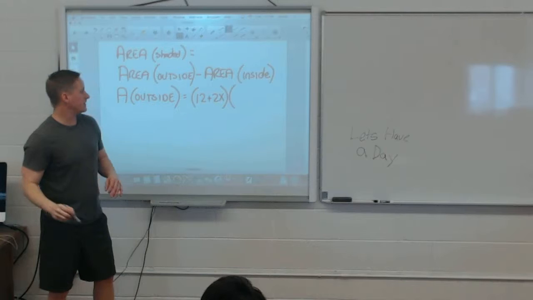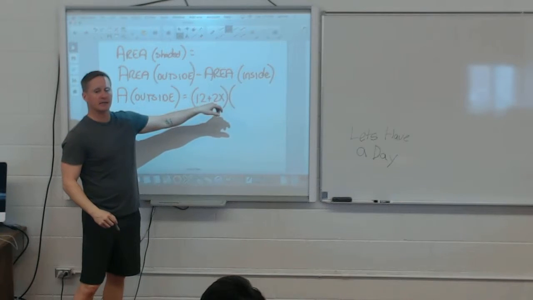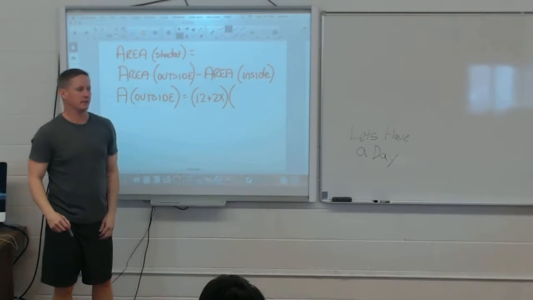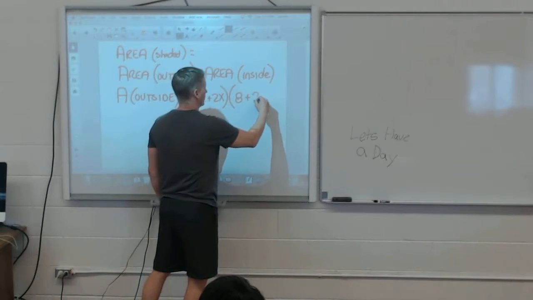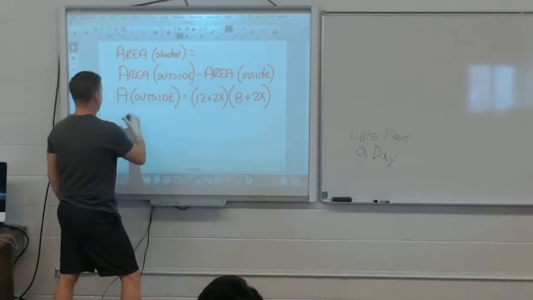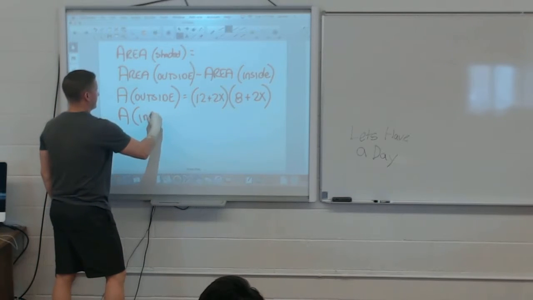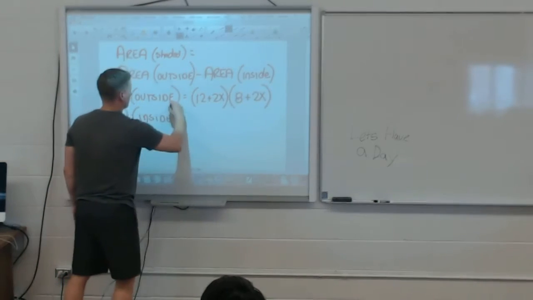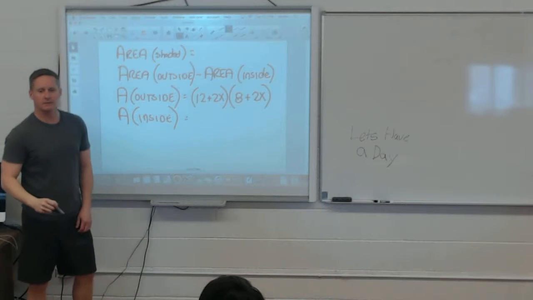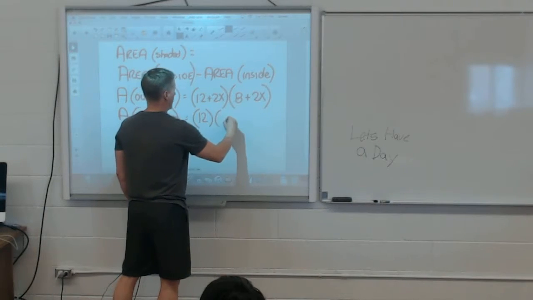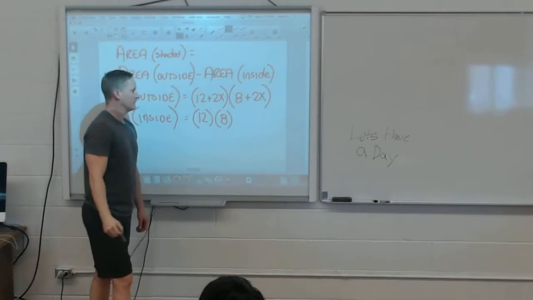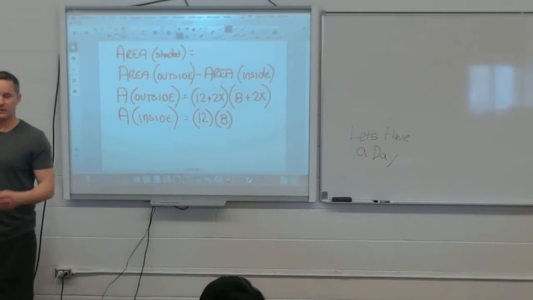So somebody else answer. If it's 12 plus 2x, what's the width then? 8 plus 2x. Okay? The area of the inside. What's the length? 12. What's the width? 8. Okay, so far?